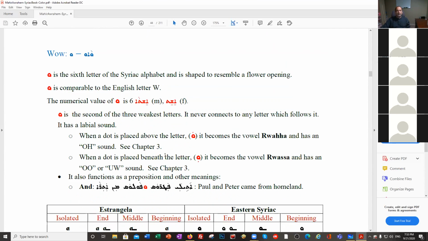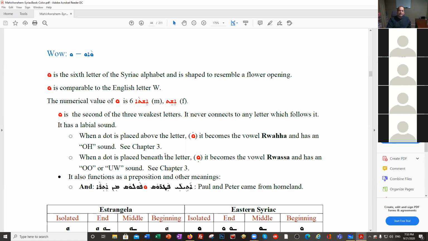All right. The second letter in the second group, waw. Waw is a W in English. Numeric value is 6. Ishta for male, ishit for female. All right, waw, like we learned in alap, when has no vowel is silent, and we say alap is the first weakest letter in the Syriac language.